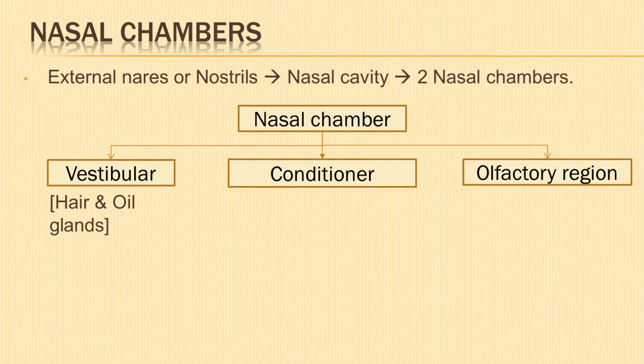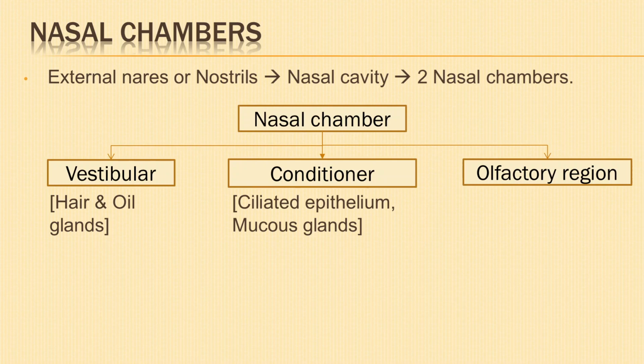Vestibular bears hair and oil glands which prevent the entry of dust particles. Conditioner is lined with ciliated epithelium and is rich in mucus glands which secrete mucus and help in trapping the dust particles.